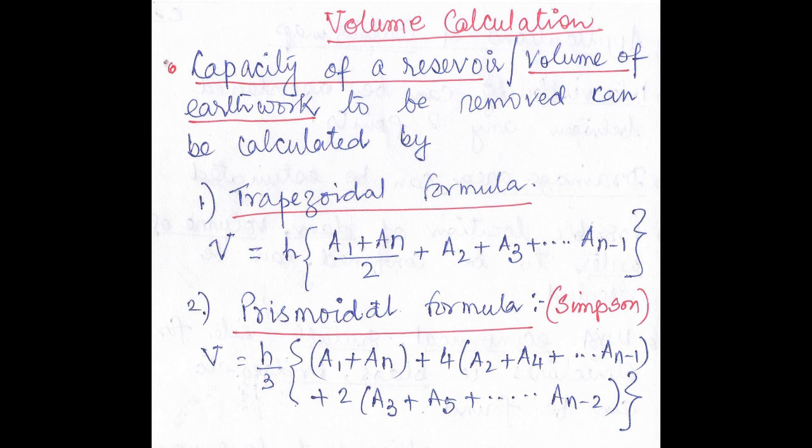Now in the prismoidal formula, you can remember the formula like this: it starts with H by 3, and then within bracket first you take the area between the first and the second contour line, and the last area, and after that it is 4 times the even contour areas and then 2 times the odd contour areas. So like this way you can remember it.